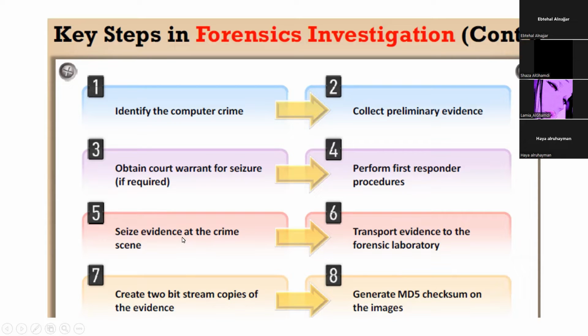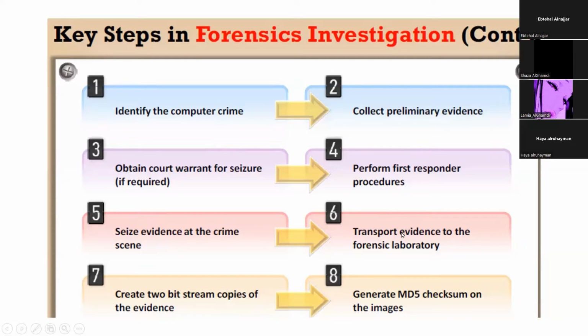So seizing the evidence means looking at the processes running on this computer, looking at the memory, looking at the connections from this computer, checking the date and time, and talking to the person who was using the computer at that time. This is all seizing the evidence, including taking pictures of the computer and the surrounding area, okay?